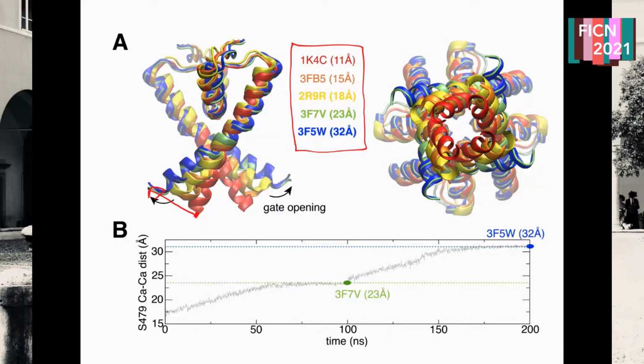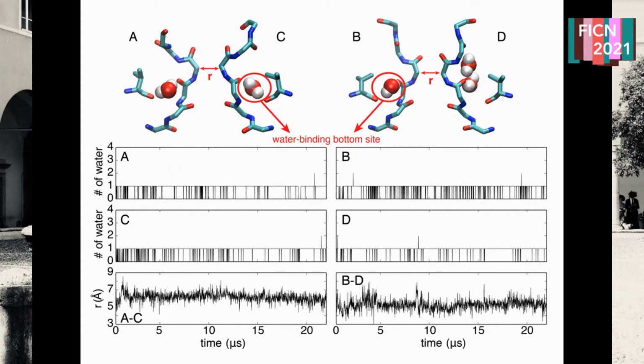What he did was take our model of Kv1.2 and force it to go from the 23 opening to the 32 opening using targeted dynamics. You slowly generate models where the gate is progressively opening, and then he collects models along the way to see if they are stable. And there we finally got a model where this Shaker structure has water behind the filter, not 3 waters, but only 1. There are waters that come around here, but they're more labile.